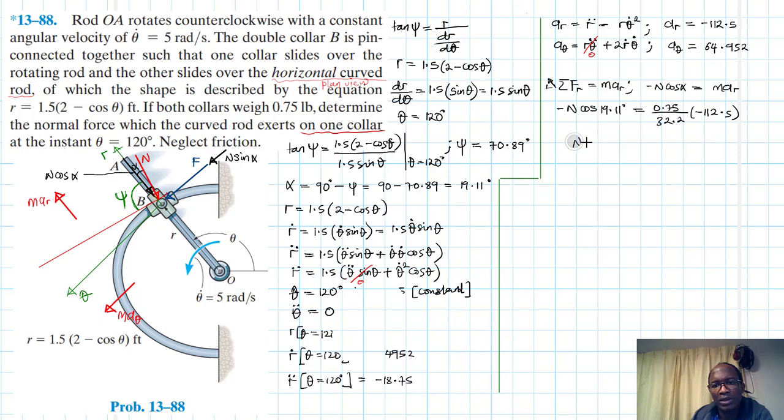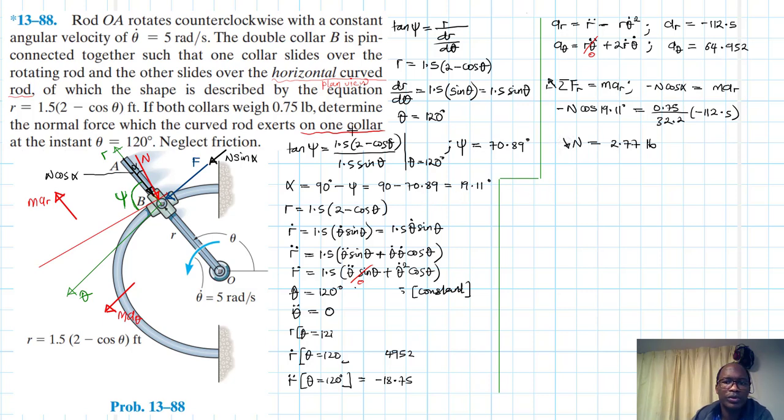Alright, negative and negative cancel, and therefore our n is just going to be equal to, I'm calculating, you can grab your calculator also and do the calculations. So this gives us 2.77 pounds, and it is in this direction.